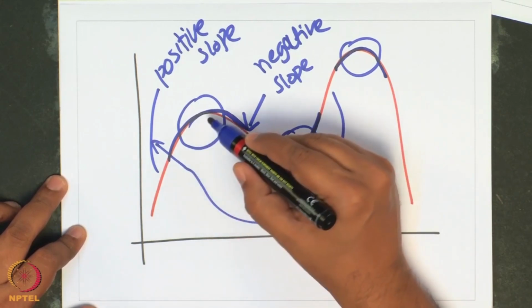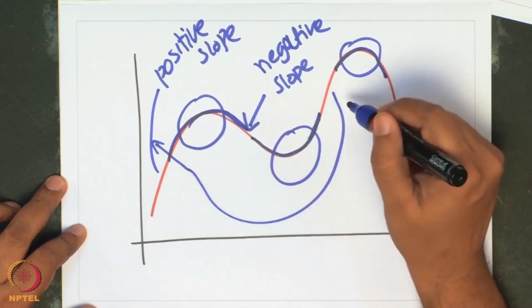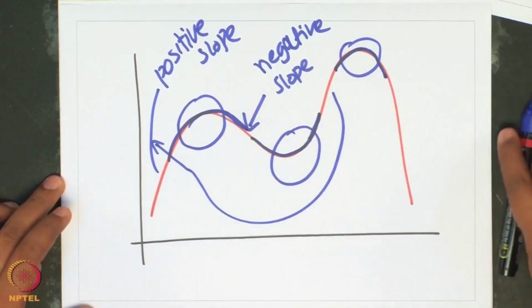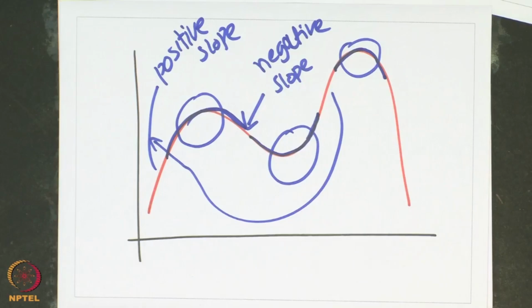So any smooth curve that you wish, any data that you would get, essentially will have some regions with positive slopes, some with negative slopes, some with positive curvatures, some with negative curvatures. If we understand this, that would simplify any curve a lot.